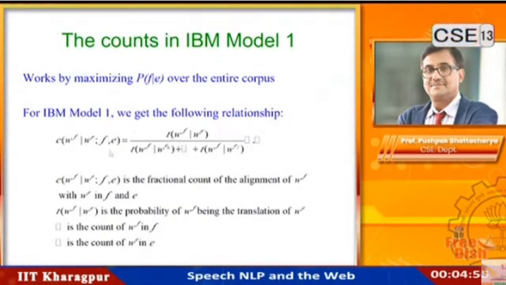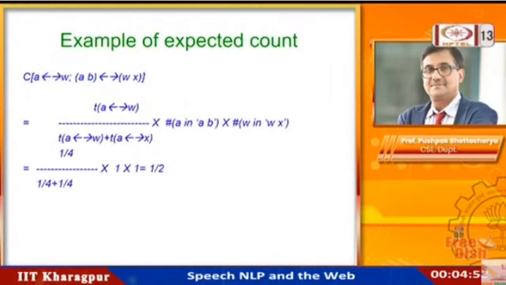So this is the expected count. And from the expected count, I get modified alignment probability. This expected count computation is the expectation step, and the alignment probability modification is called the maximization step. That goes on alternating, like in the EM algorithm.